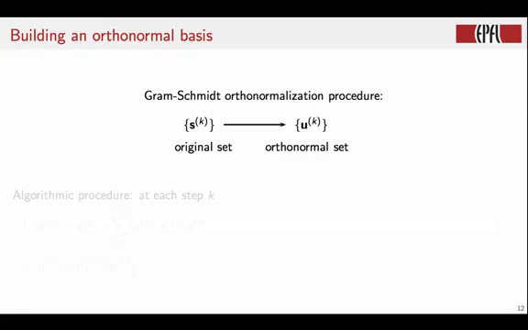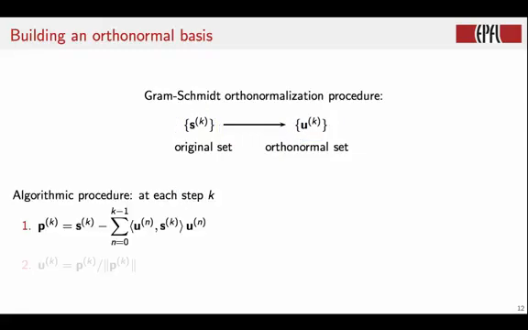Okay, so the first step is to build an orthonormal basis for Pn of [-1, 1]. We will use the Gram-Schmidt orthonormalization procedure, start with the naive basis, and arrive at an orthonormal set. The Gram-Schmidt algorithm is an iterative procedure that takes one vector at a time from the original set and incrementally produces an orthonormal set. Each step has two substeps.